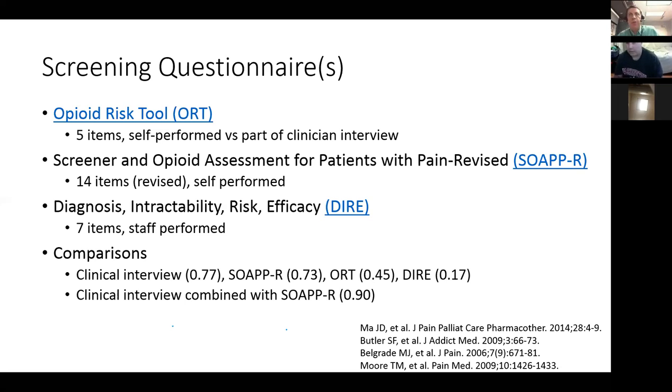You can see the ORT and the Dyer were much less useful in the overall ability to screen. And when you combine the clinical interview with the SOAP-R, the sensitivity went up substantially.